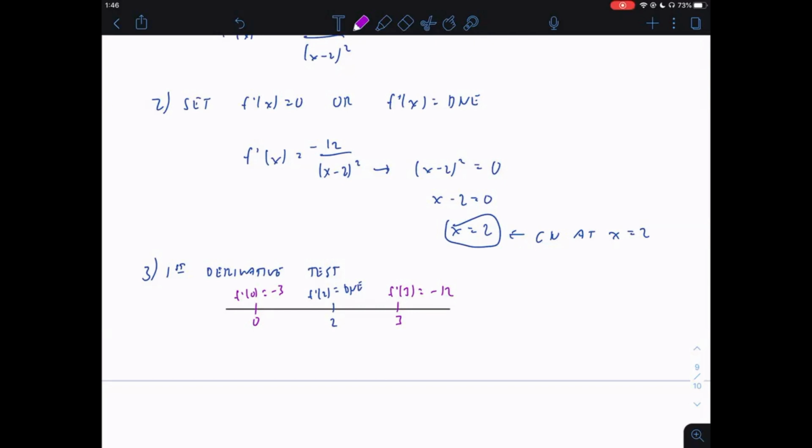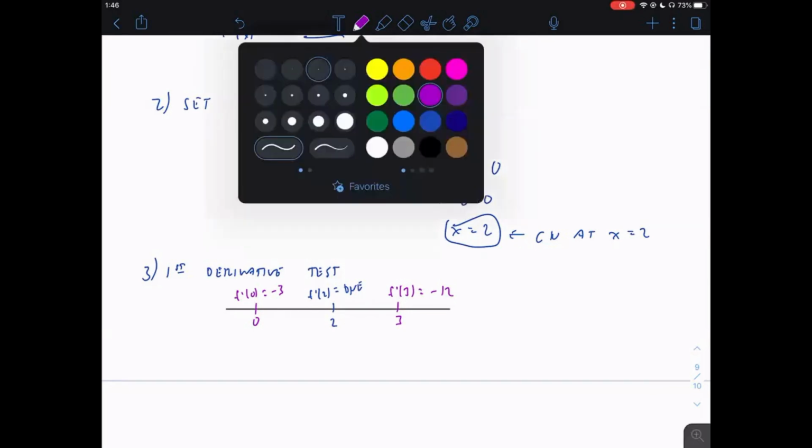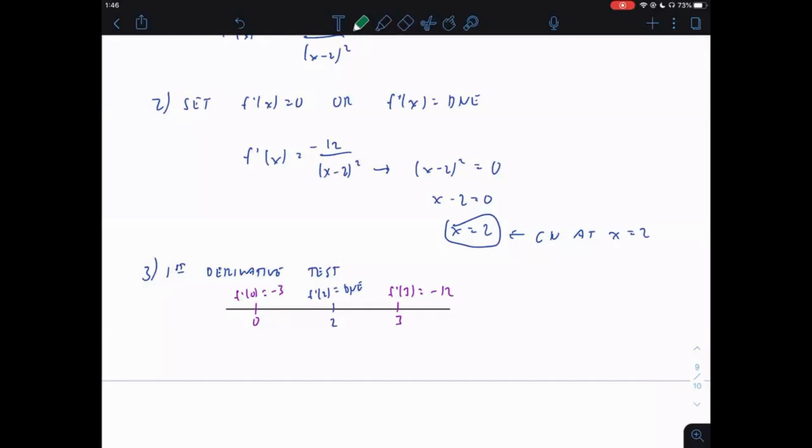Meaning that before this critical number, since our slope is negative based on that test point, our function is decreasing. But then it hits this undefined area, in other words, hits that vertical asymptote, that jump in our function. After that jump, after that critical number, the slope is still negative, which means it's still decreasing.